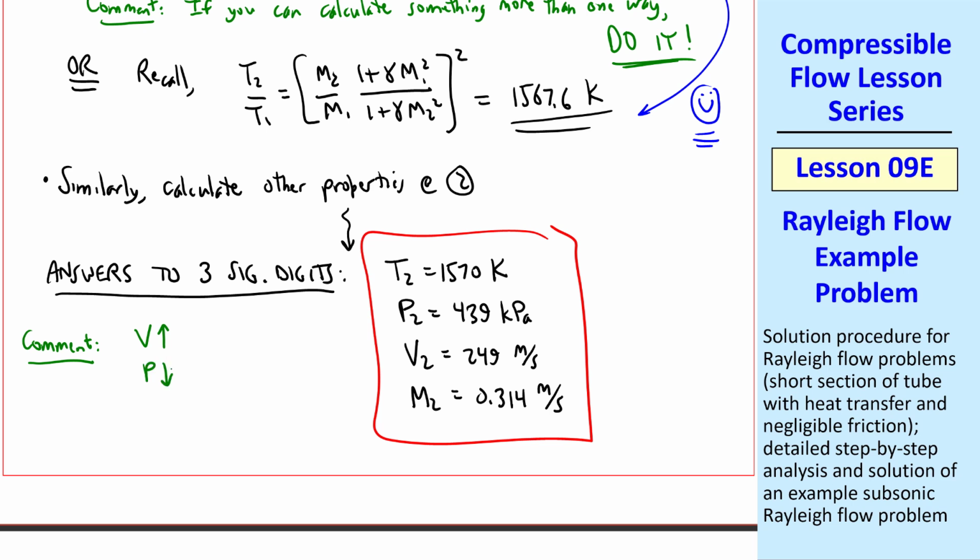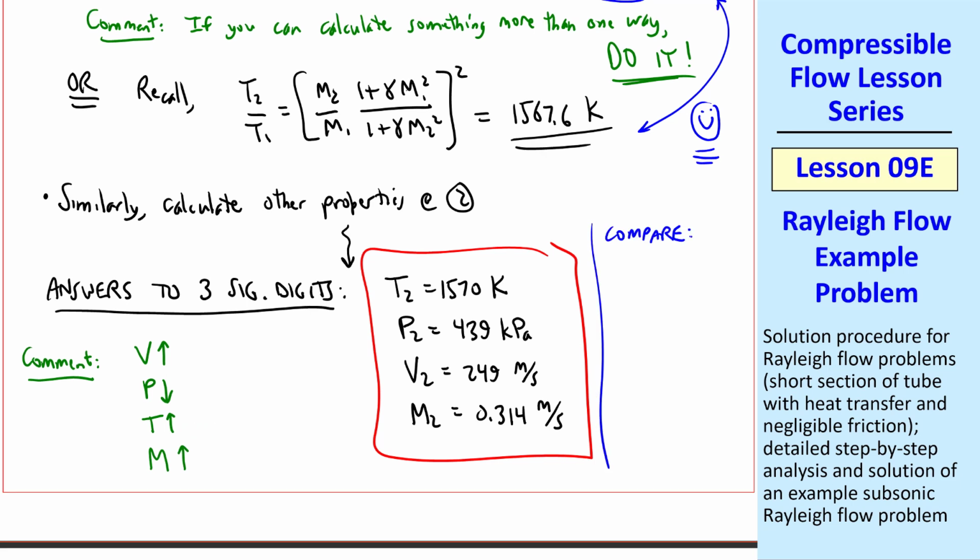P goes down, since P1 was 480 kPa. T goes up a lot, from 550 K to 1570 K. And Mach number goes up, from 0.1702 to 0.314. We're not near the strange zone, so it's not surprising that temperature goes up in our problem from 1 to 2.